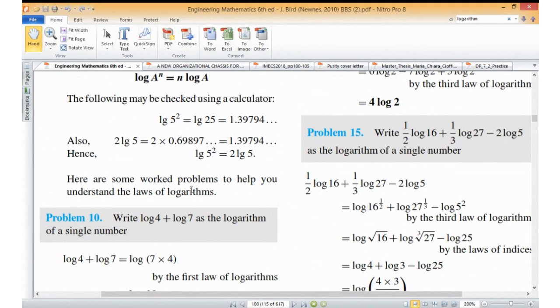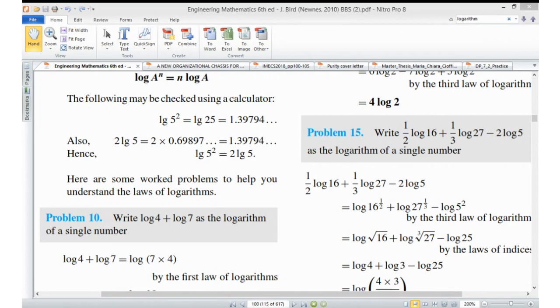Like for instance, you're given log 4 base 2, you can introduce a common base for this one, and you have log 4 divided by log 2.